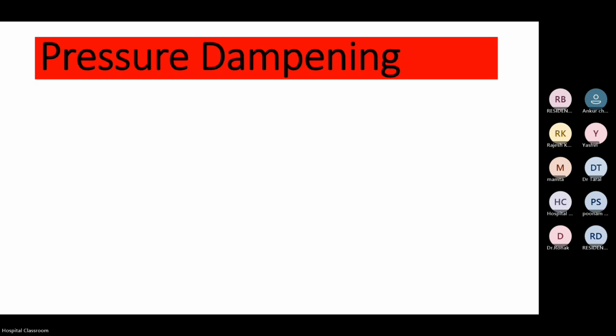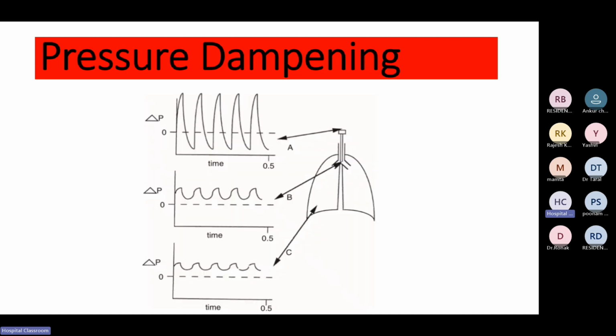Then there is an important concept of pressure dampening. Many times, residents ask me in rounds that we are using such high pressures, how can it be safe, or how can it be less injurious? So there is a concept called pressure dampening. Since you are using very small tidal volumes at a very high rate, the pressure amplitude which you give at the opening of the airway will be very high.